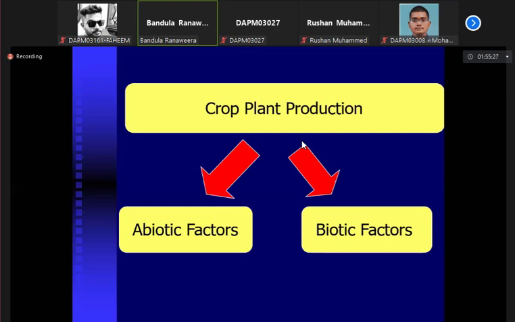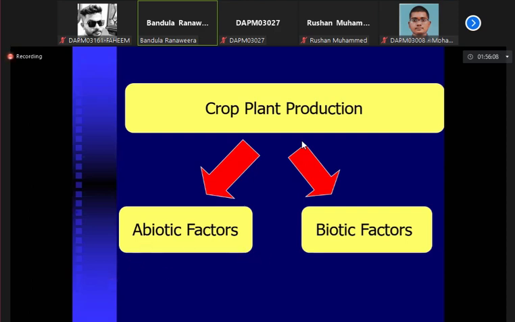Those factors that are damaging or creating hazards or reducing the production can be categorized into two categories. Now, just now we mentioned one category, the primary consumers or the living factors, biotic factors meaning living factors. But not only the living factors, there are other factors also that are damaging our crops.